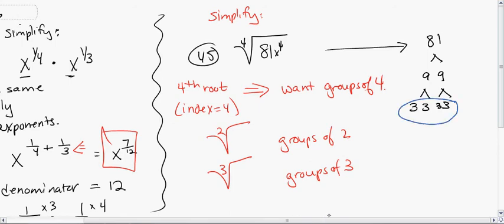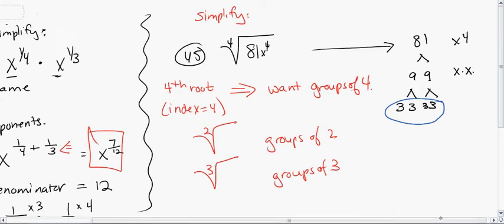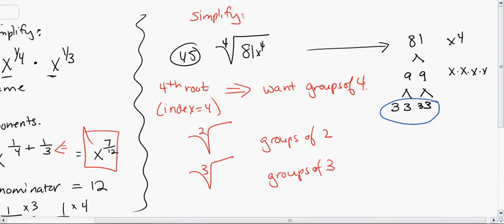Now let's look at the x to the 4th. Well, that's really x times x times x times x. So I have another group of 4 x's, and then I don't have anything left over, right? I've taken care of the 81 and the x to the 4th.